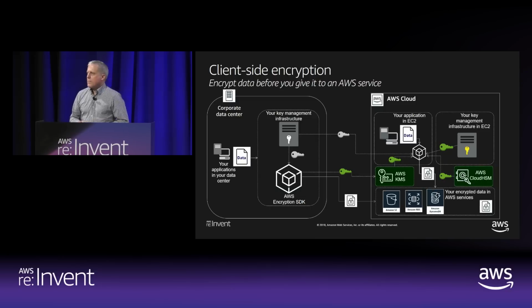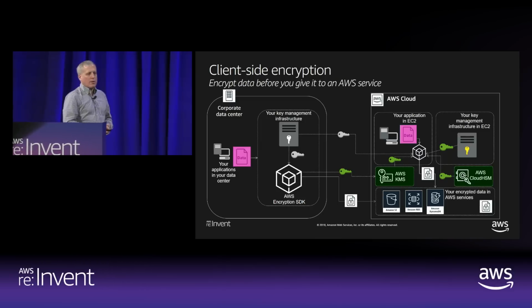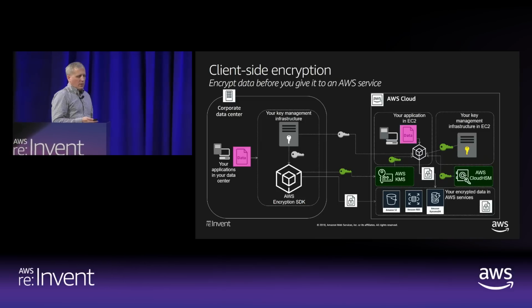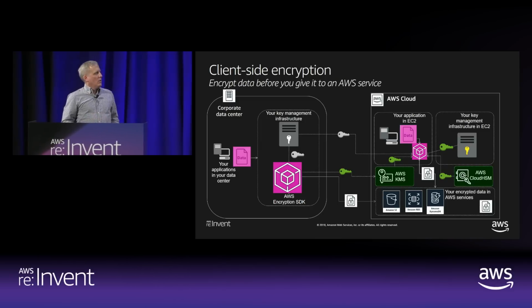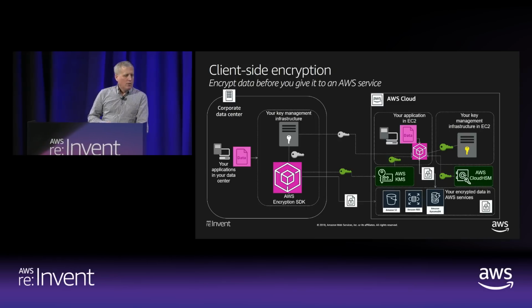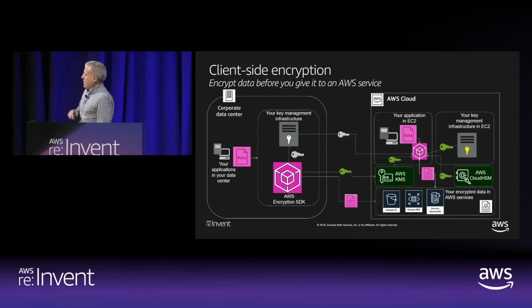Client-side encryption. And in this case, this diagram's a bit of a mess because there's lots of options for where to do client-side encryption. If you start with, where is your plaintext data? It's in an on-premise system, or it's inside an application that you're running in EC2. You've got to pass it into some program that will perform encryption. That program is going to need a key, and that key can come from your own key management system.